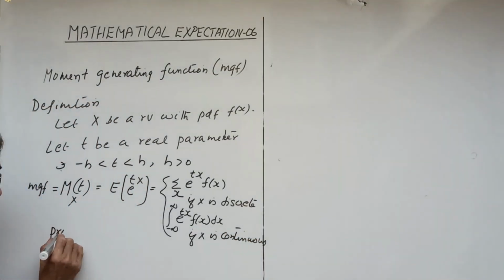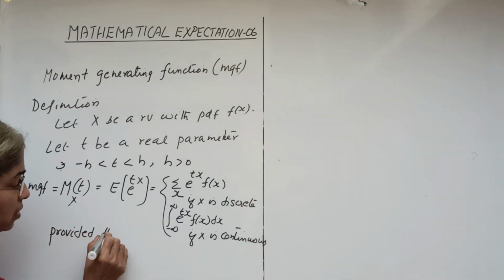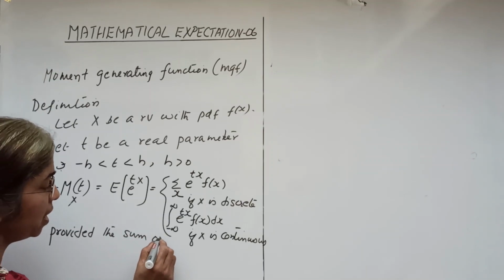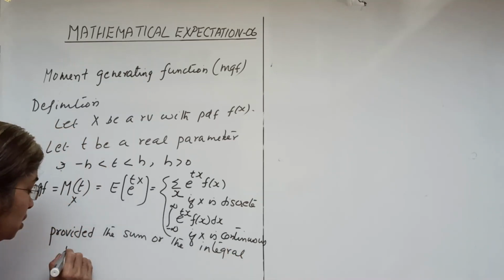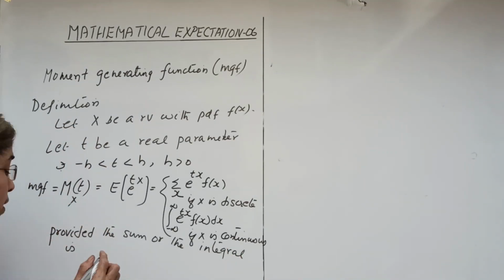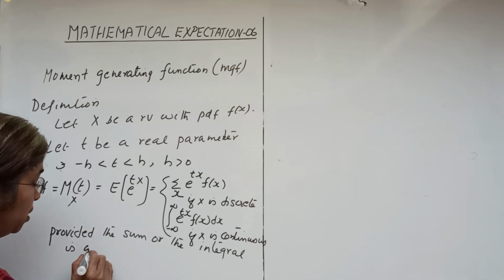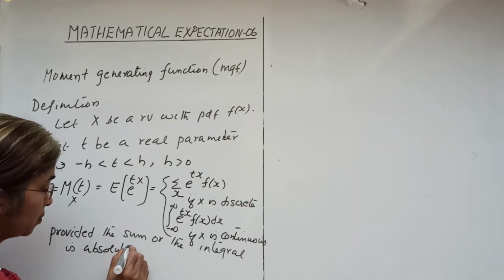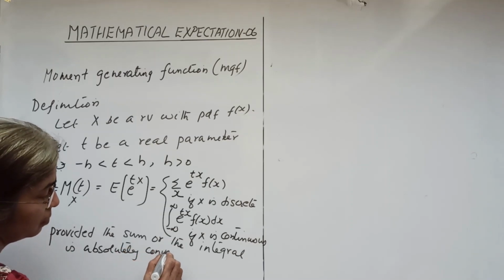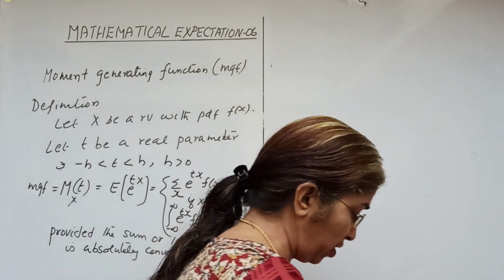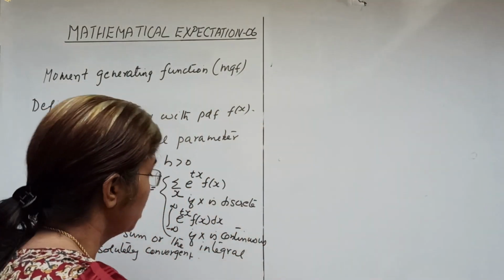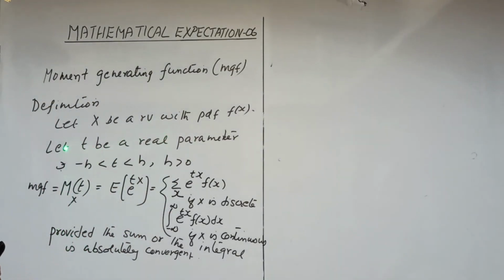provided the sum or the integral is absolutely convergent. Okay, we have already taken all these terms. That is the definition. The moment generating function of X can be defined as M_X(t) equal to the expectation of e raised to tX.